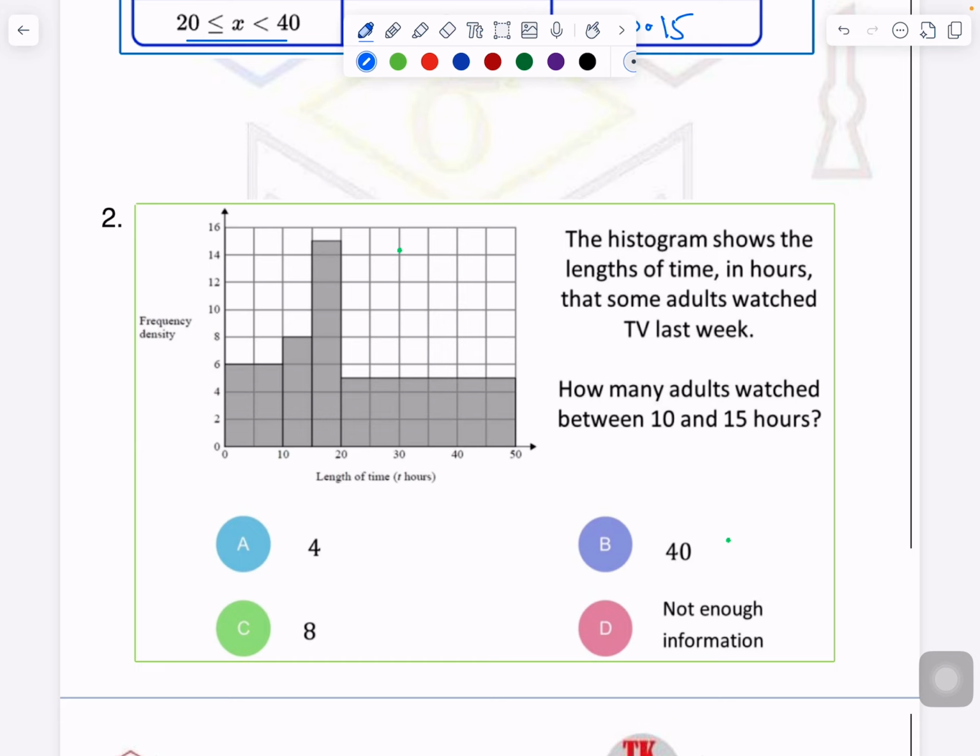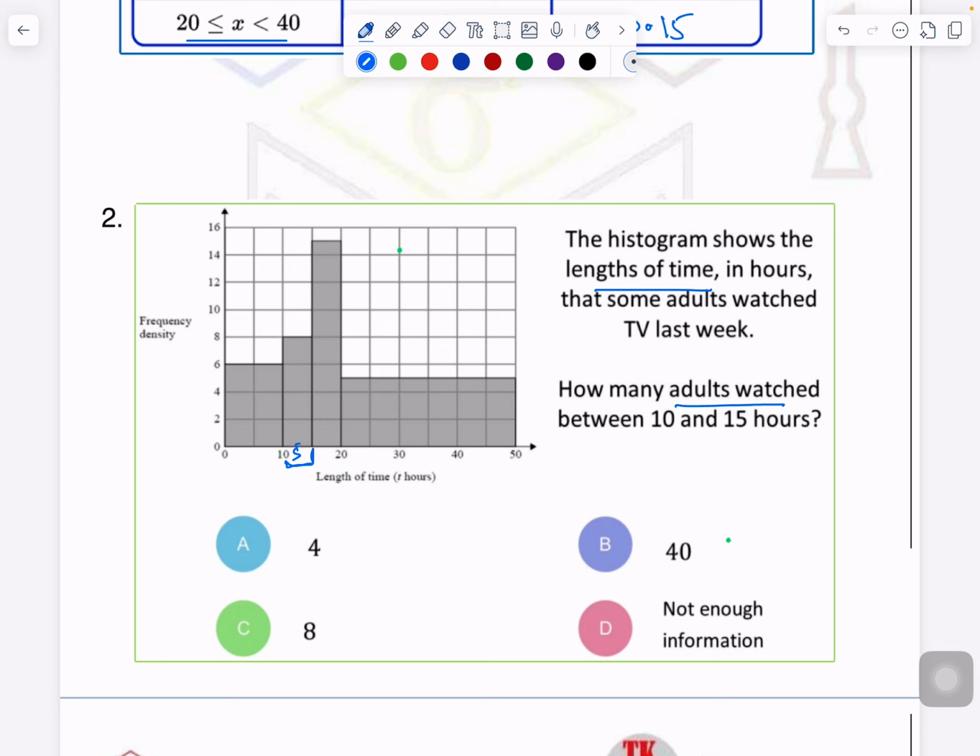You can put the video on pause and I am explaining here. The histogram shows the length of time in hours. Units are very important. That some adults watched TV last week. How many adults watched TV between 10 and 15? It starts from 10 here and ends at 15 here, right? So how many units? 5 units.